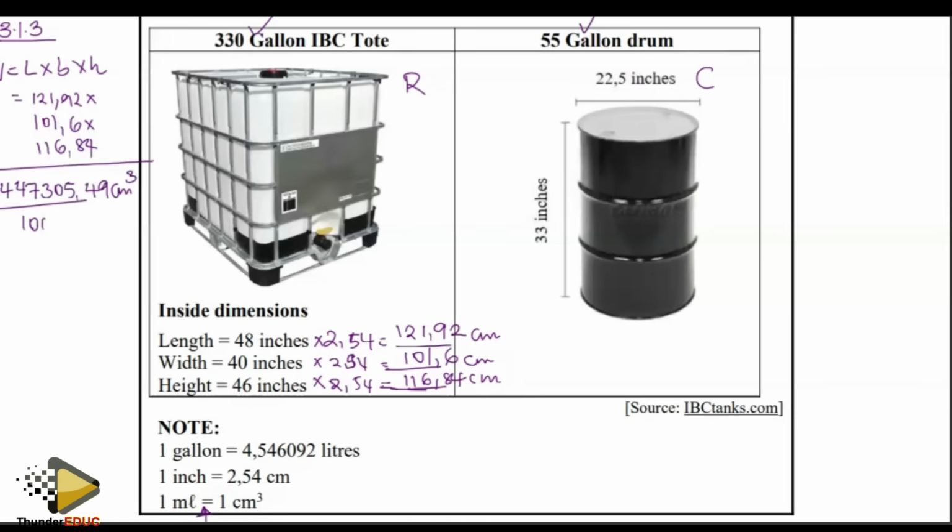We make them liters by dividing by 1,000, and you remain with 1,447,31. These are liters, but we want them to become gallons. We shall divide this by 4,5, and we end up having gallons. The statement is true.